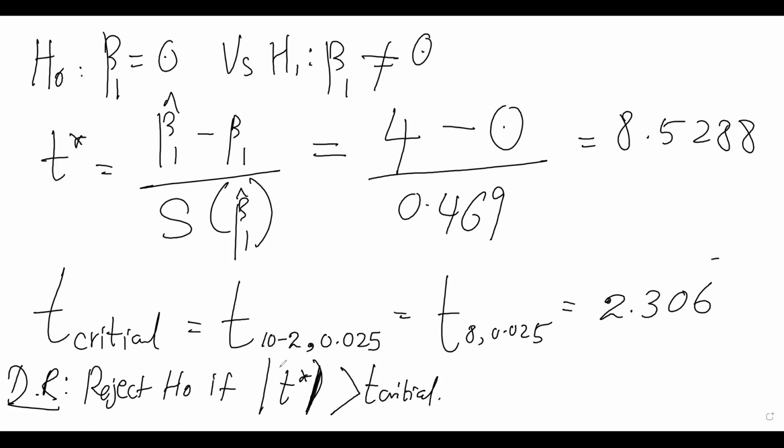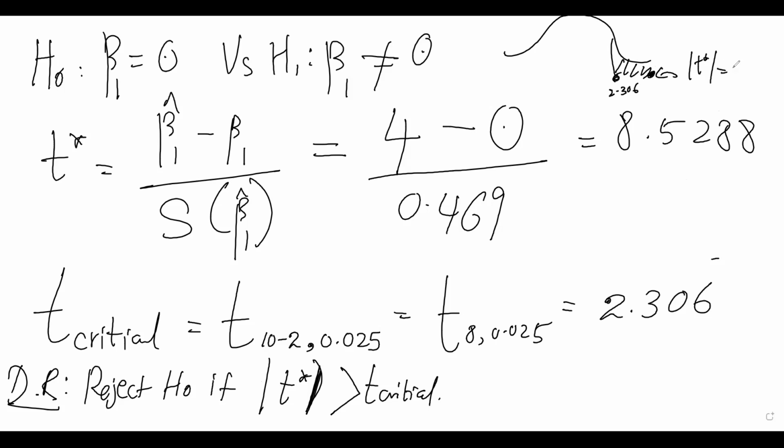Okay, so what is the decision now? If we draw the T distribution, our critical value is 2.306. Our calculated value is 8 point something, so it falls somewhere here. Absolute value of this, okay? So this is basically the absolute value of T star.